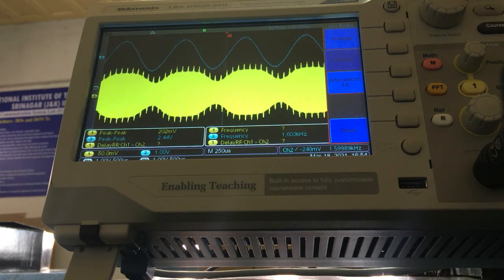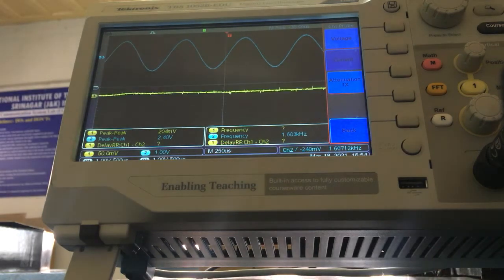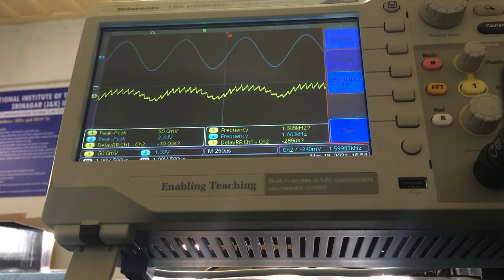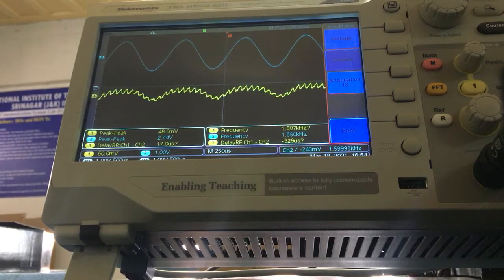This is the output of the RC diode detector, and as you can see, it contains our message signal plus the DC level plus the ripples, which need to be removed in the next stages.